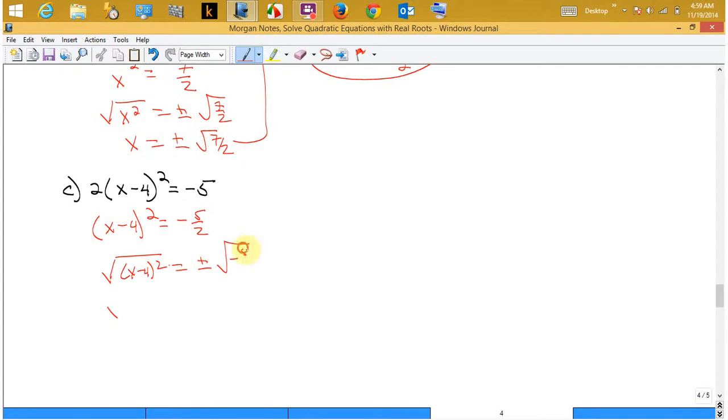So I'm going to get x minus 4 is equal to plus or minus the square root of negative 5 halves. And once again, I have a negative under the square root. This would be no real solutions.